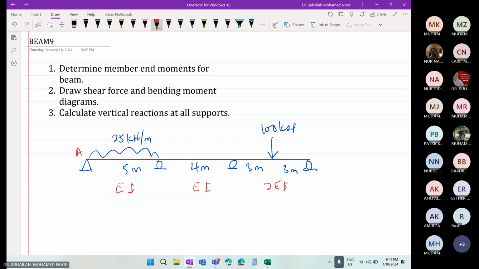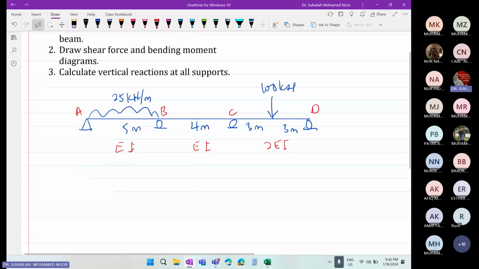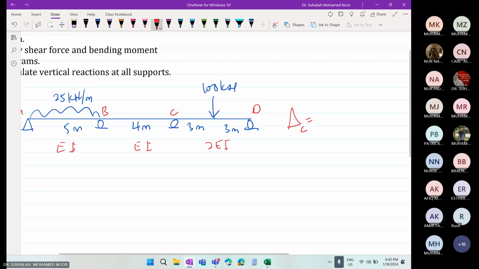A, B, C, and D. Okay, support settlement at C, 5 mm.